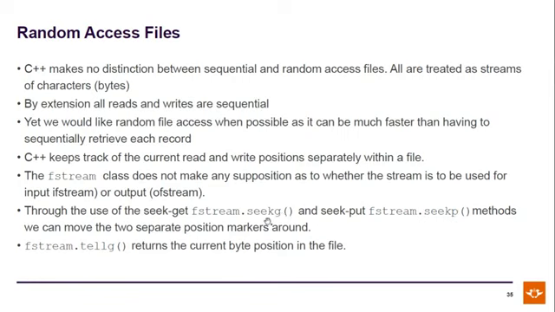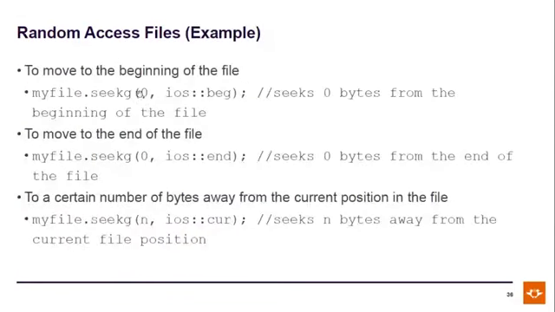This function moves the get pointer, which is seekg, to a particular position in the file, and your program will use this pointer to read from the file.